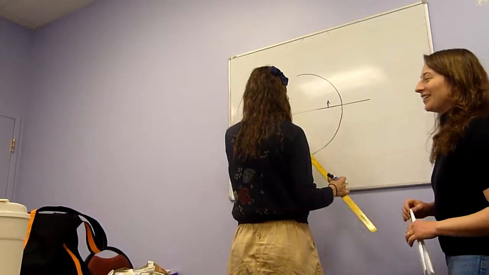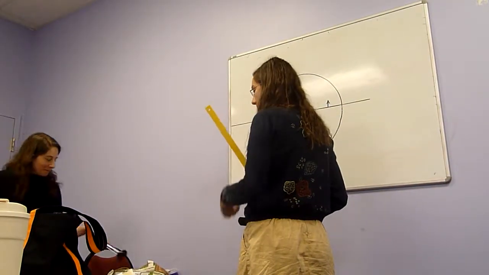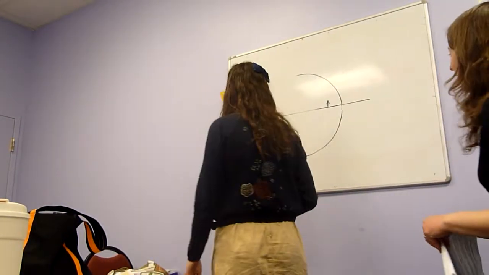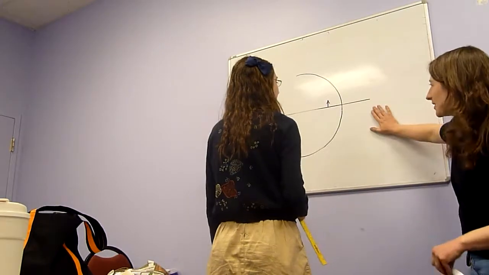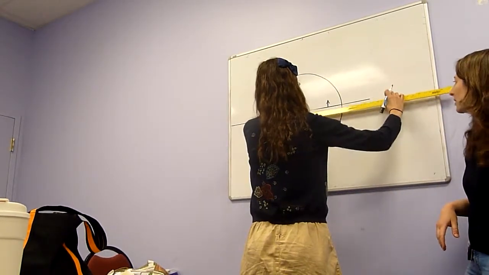Okay, so she has her object. Now, if you have the radius of 10 centimeters, then you take 10 centimeters and draw your R.